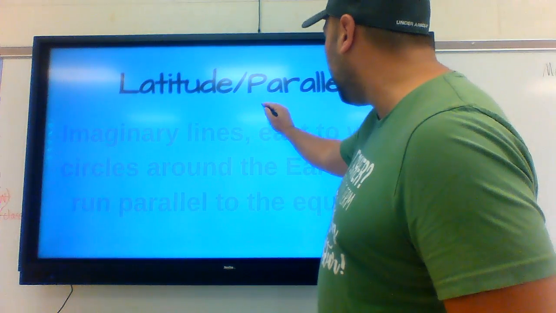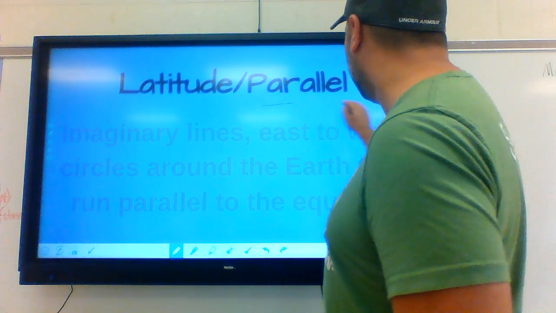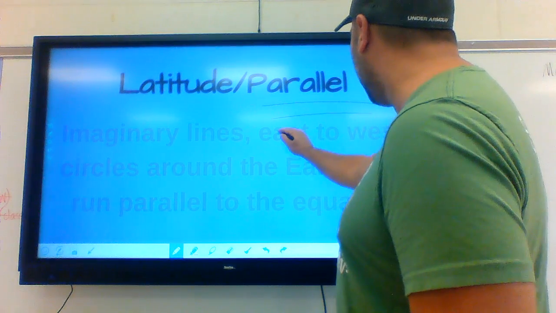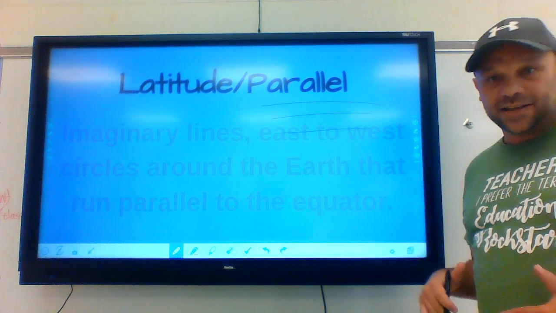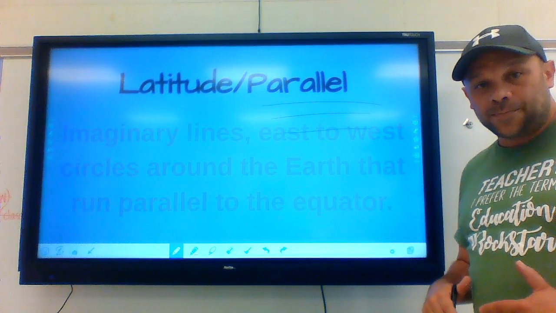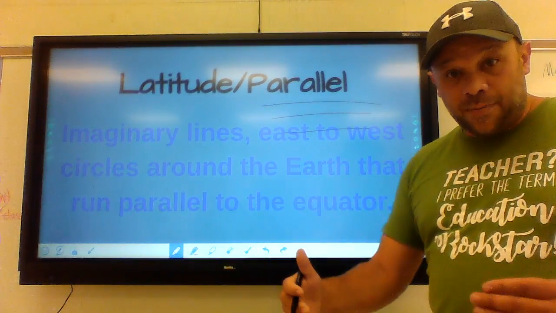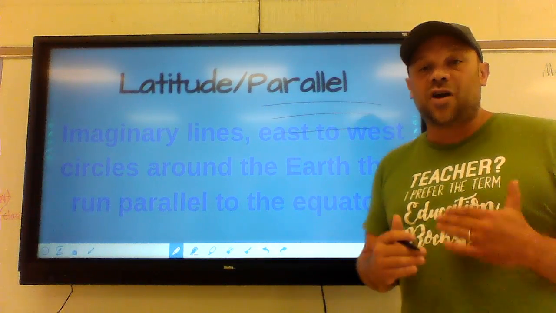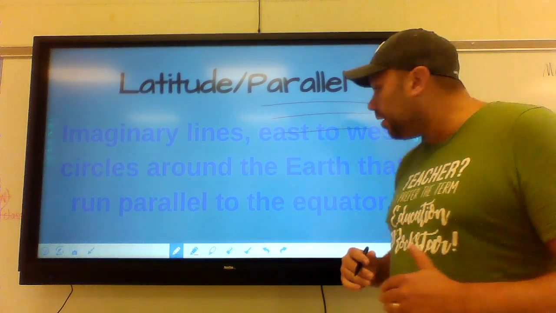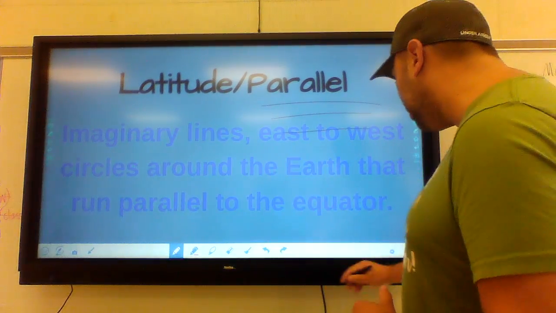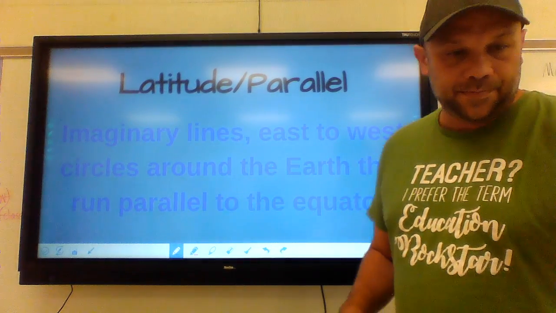So your lines of latitude are going to be lines that are parallel to one another and they never touch, and they run side to side, just like the lines that I drew on the board there, okay? And again, this is to help us determine location on a map. This is going to form a grid once we start adding those longitude lines to it so that we can see where things are on planet Earth in a precise location. So latitude lines, side to side.